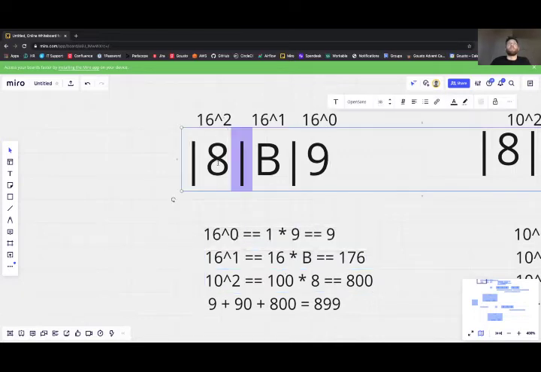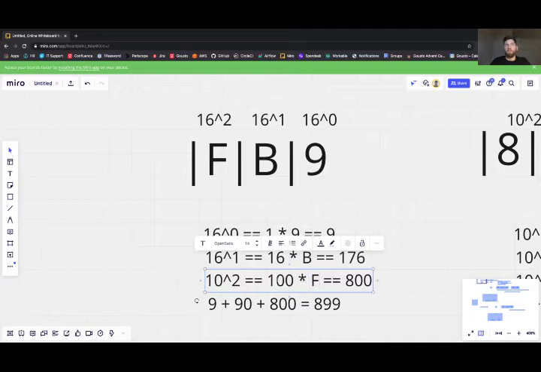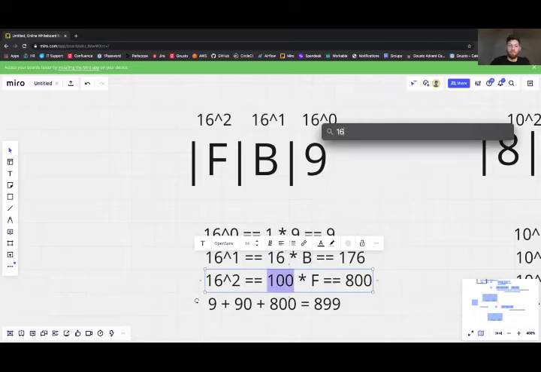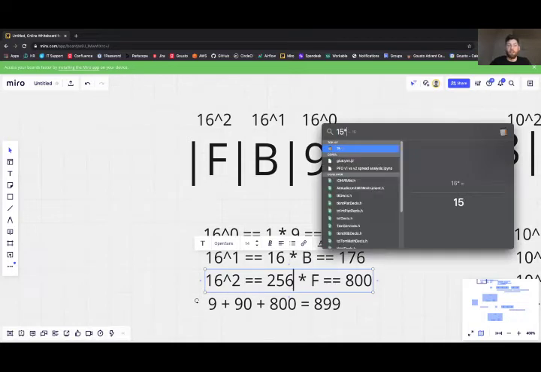And let's say we want a high number. So if 10 is A, 11 B, 12 C, 13 D, 14 E, 15 F. Okay. So we've got F is 15 and 16 squared is 256. So 15 times 256 is 3840.